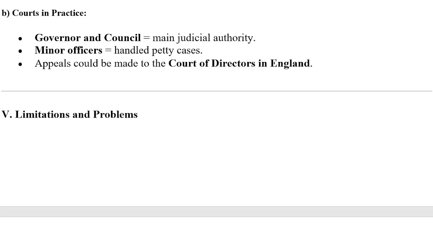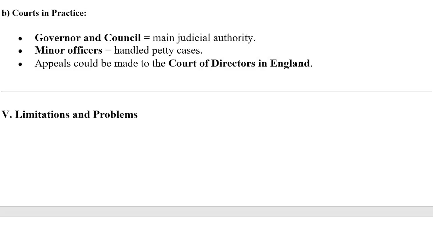So they were granted by the Charter of 1661 to make laws, administer justice and impose punishment on the English subjects residing in India. And they could also try both civil and criminal cases in each of these settlements. The courts which were in practice at that time were governor and council.